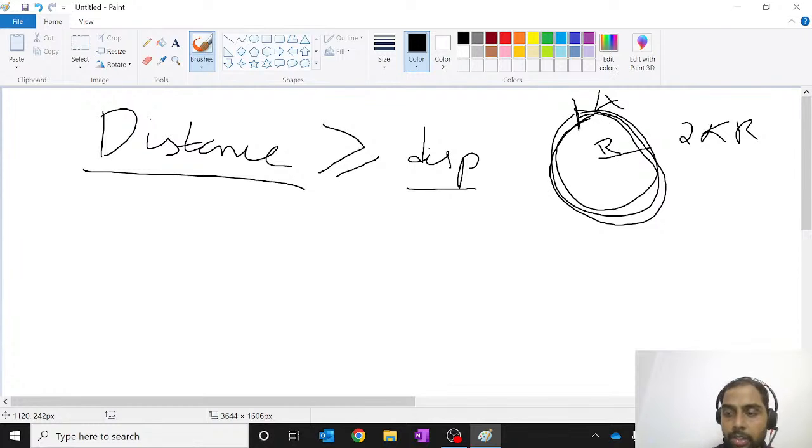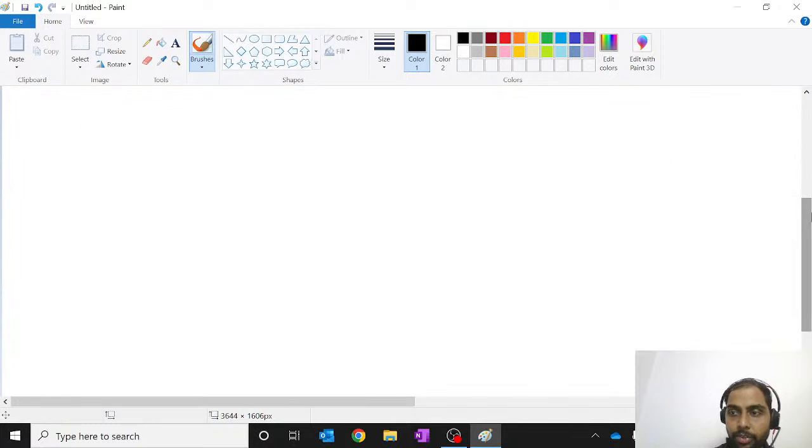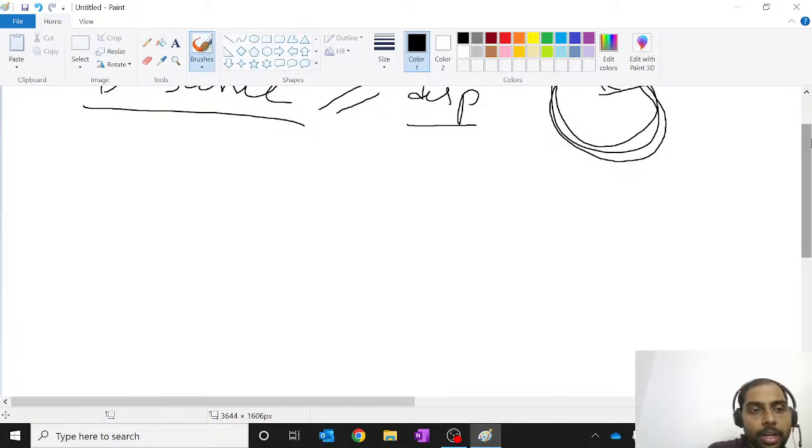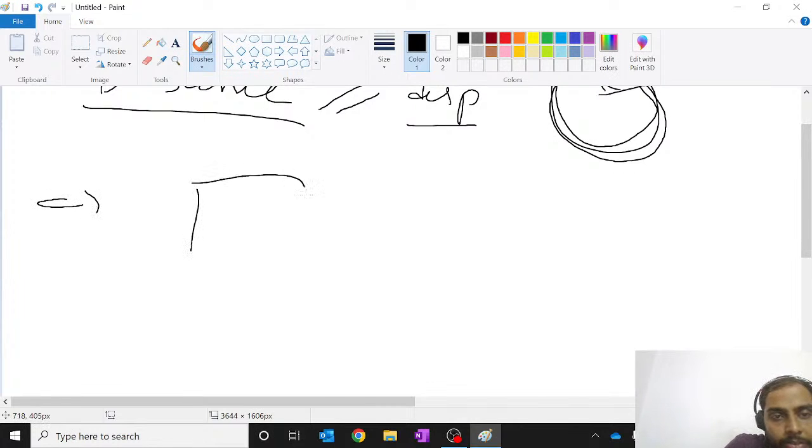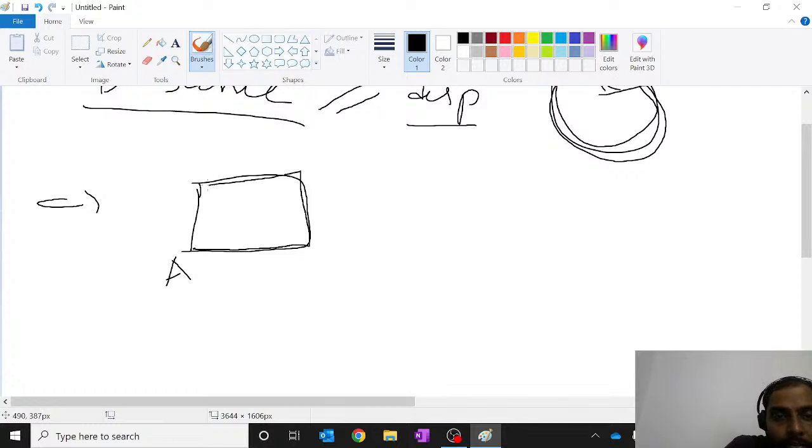Now, there are multiple scenarios that we discuss. Say, for example, a couple of cases. Let's say you have a square. I travel along the length of the square, and again I come back.